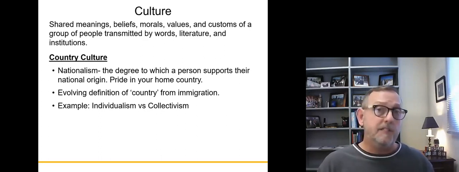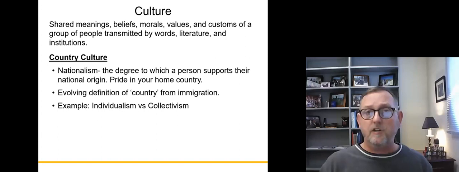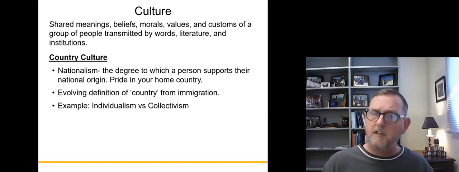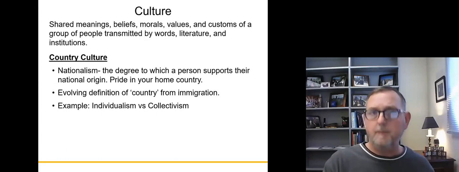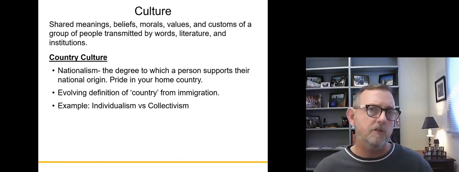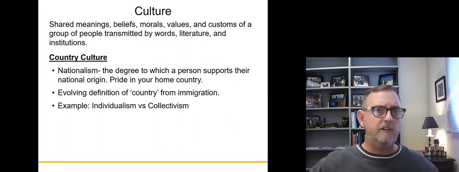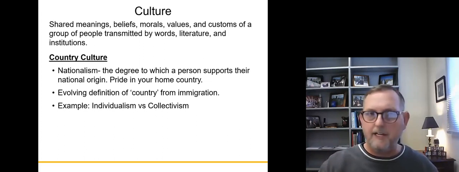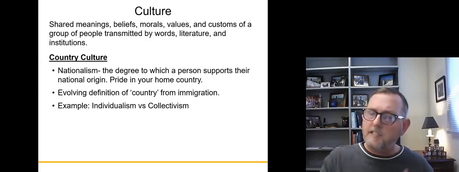Another example in marketing specifically of how we think of country culture or how we measure it might be something called individualism and collectivism. These are dynamics of a culture, and this is just one example. In an individualistic culture, people feel strongly about doing things on their own and have a greater sense of self-reliance.